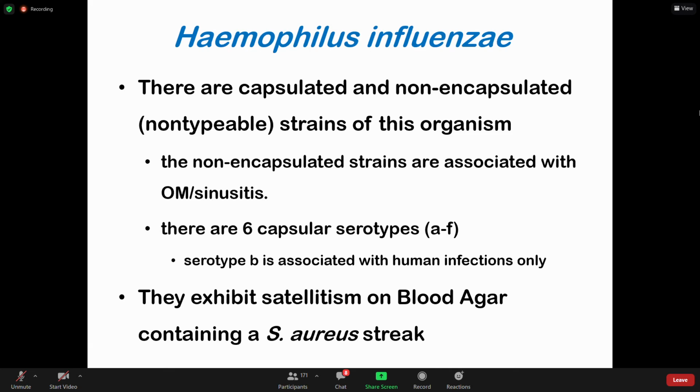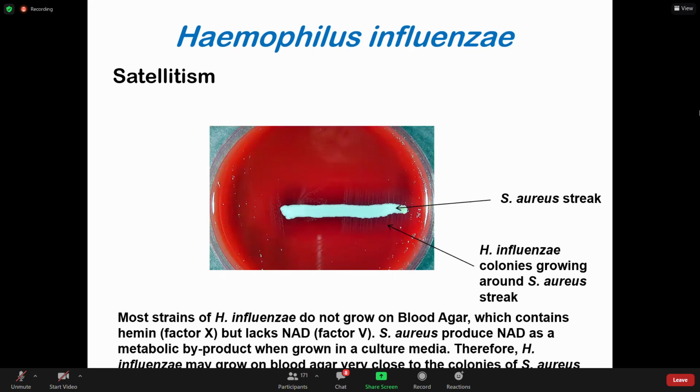I think we've discussed this before when we had the neuro lab, but just as a quick reminder, most strains of Haemophilus influenzae do not grow on blood agar unless it contains these additional factors.